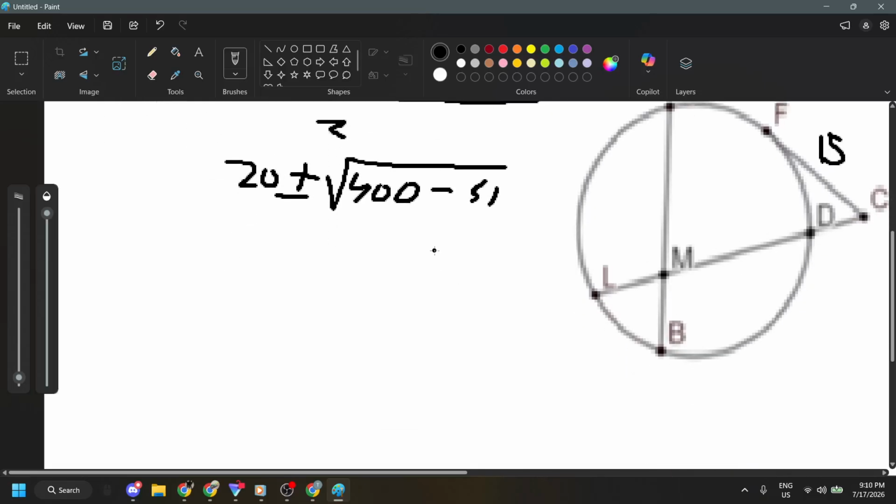So 400 minus 51 is 349. 349, which is not a multiple of 9. 16, no. 25, no. 4, no. 36, no. It's not 3 times anything, not 5, not 7.